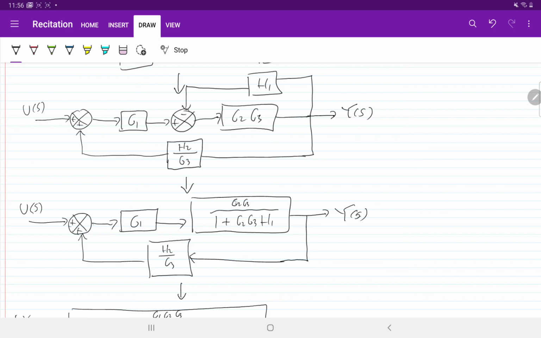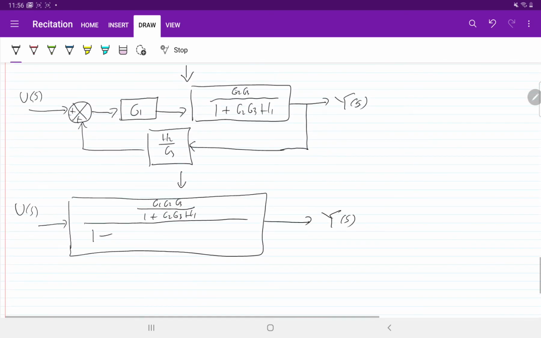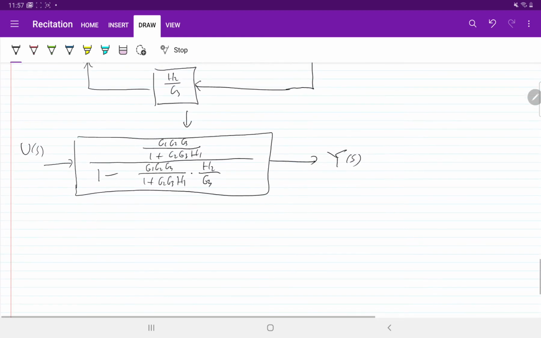This is positive feedback, so you have 1 minus G1 G2 G3 over 1 plus G2 G3 H1 multiplied by this block, H2 over G3.